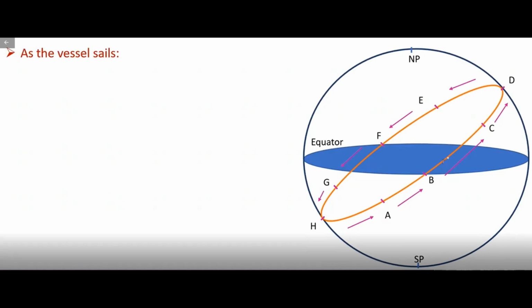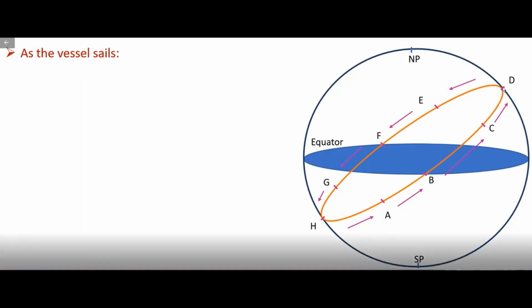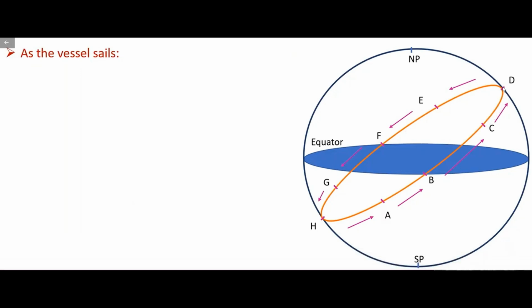And as the vessel moves from Bravo to Charlie, you can see its latitude will keep on increasing. After Charlie point, when it proceeds ahead towards Delta, the latitude again keeps on increasing. And you see at this point Delta, it will attain the highest latitude possible for this great circle.